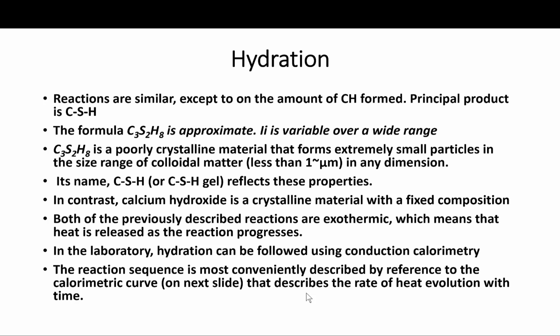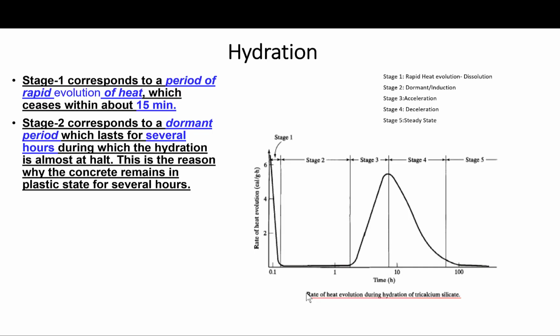So the reaction sequence is conveniently described by reference to the calorimetric curve I will show on the next slide, that describes the rate of heat evolution with time. This curve right here.